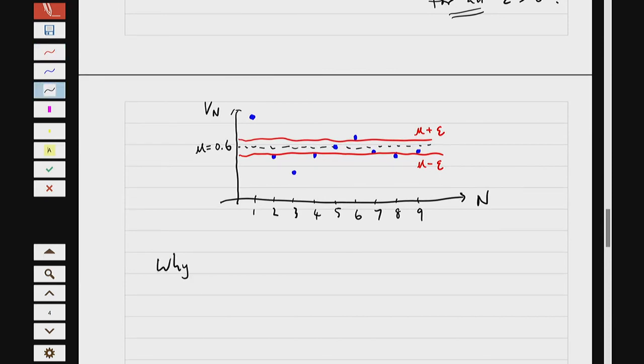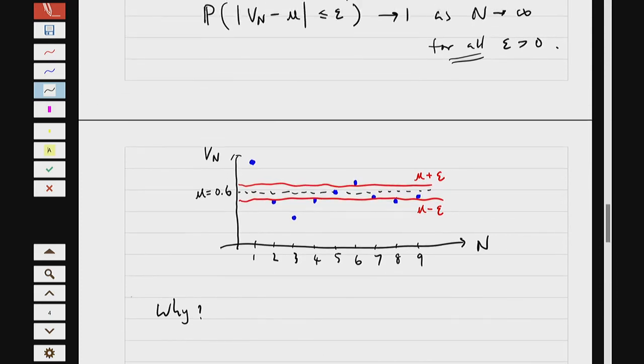Why is this true? Well, we bring back a very important theorem that you have learned in ECE 302, the Chebyshev inequality.